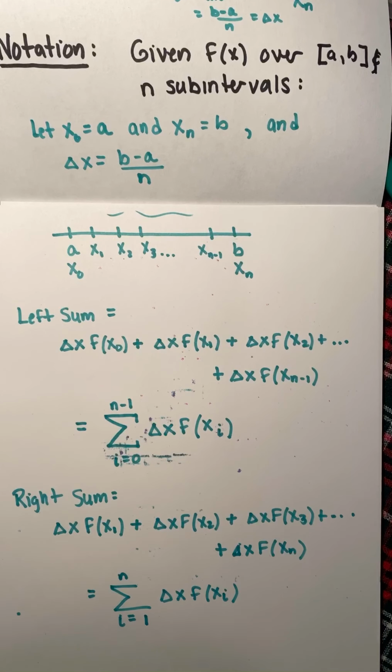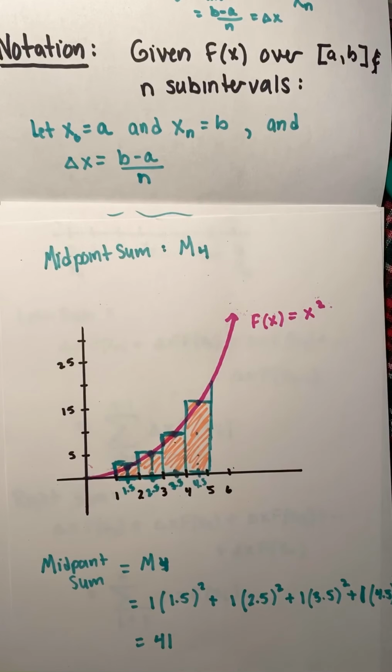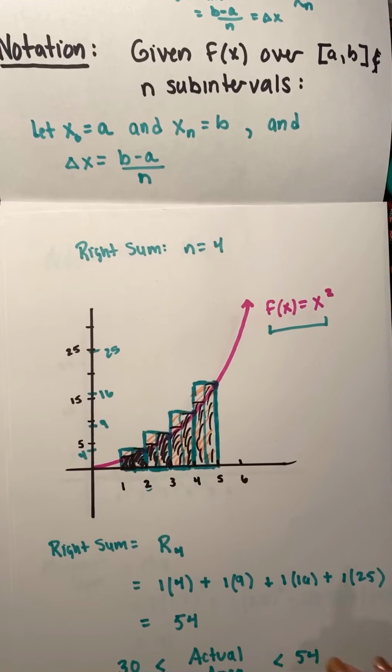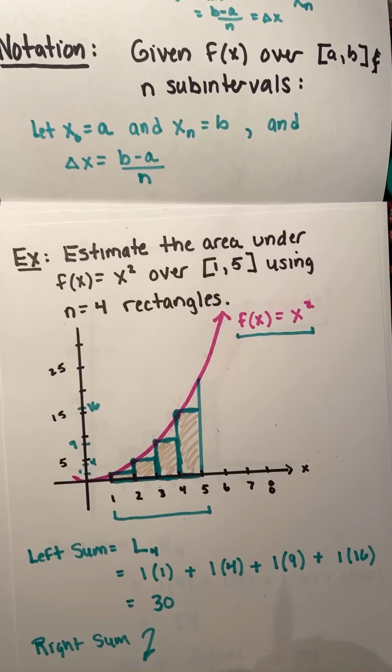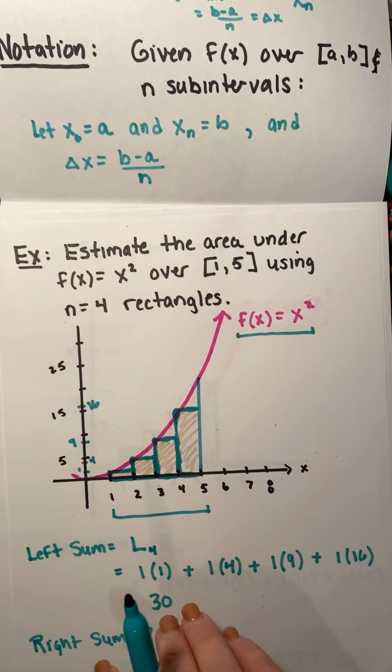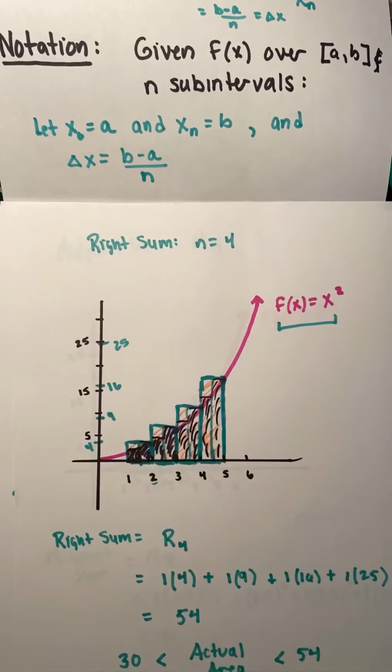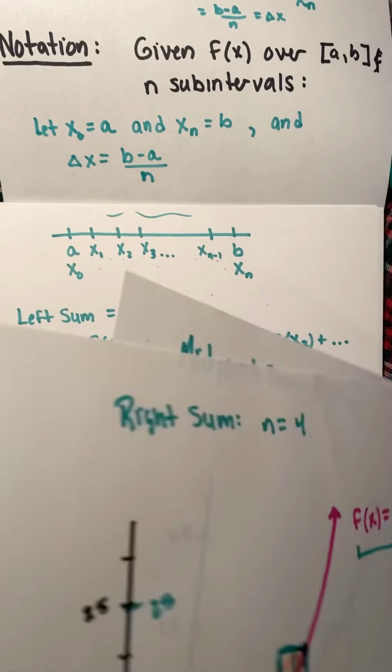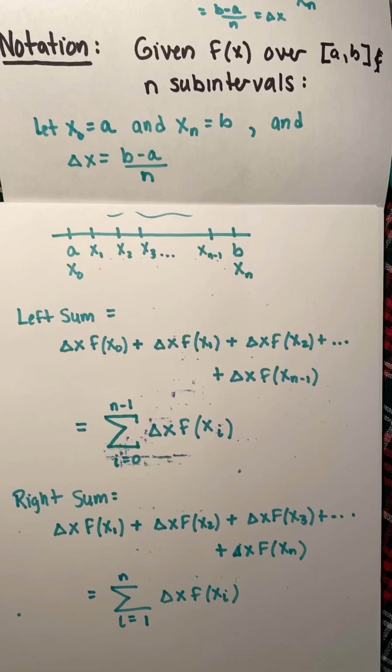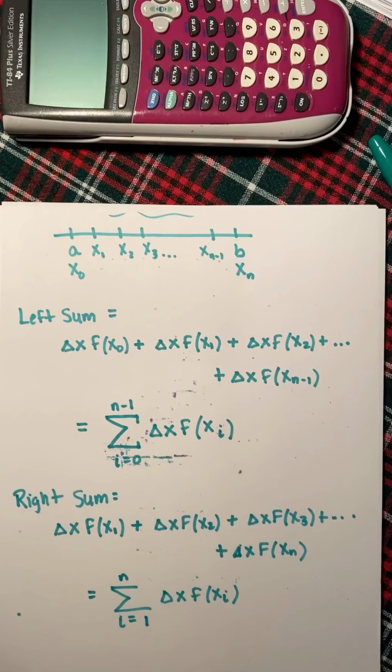What I'd like you to do is be able to, given a function, divide it into the appropriate number of intervals, create a left sum and a right sum, and perhaps a midpoint sum, and see how they behave. And then just try to get a little feeling for this notation.